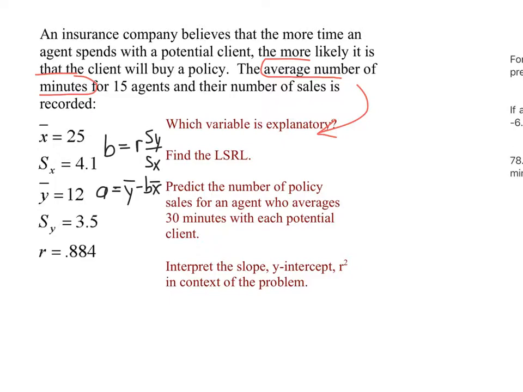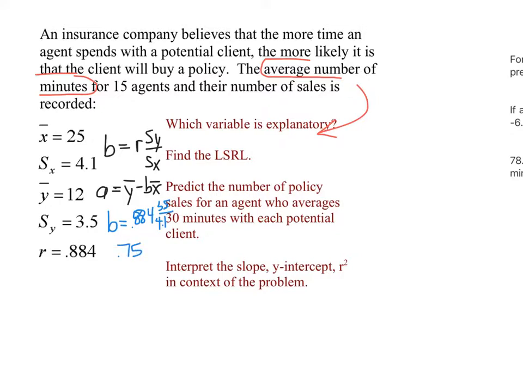So for b, the slope, that's going to be equal to our correlation, 0.884, multiplied by S of y, which was 3.5, over S of x, which is 4.1. It comes out to be 0.75.